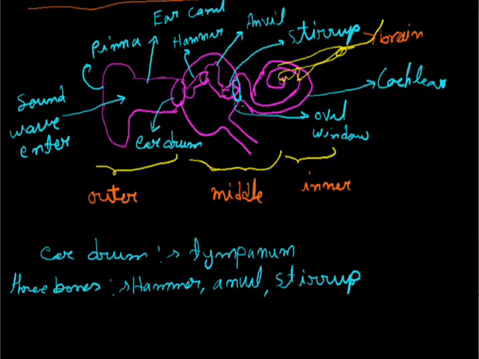The middle ear also contains air. The lower part of the middle ear has a narrow tube called the eustachian tube going to the throat. The eustachian tube connects the middle ear to the throat and ensures that the air pressure inside the middle ear is the same as that on the outside. The inner ear has a coiled tube called the cochlea.